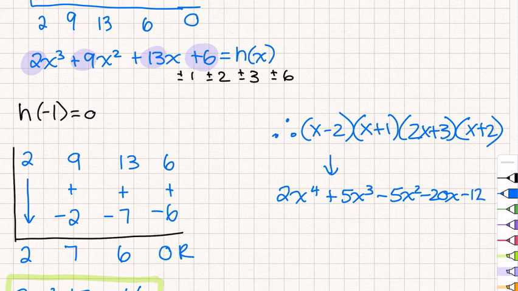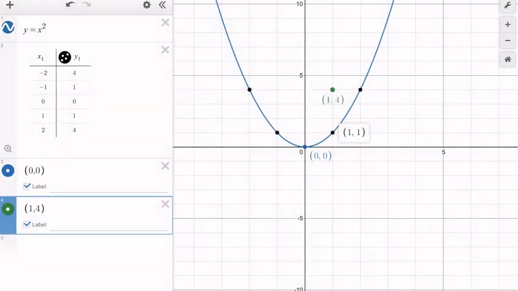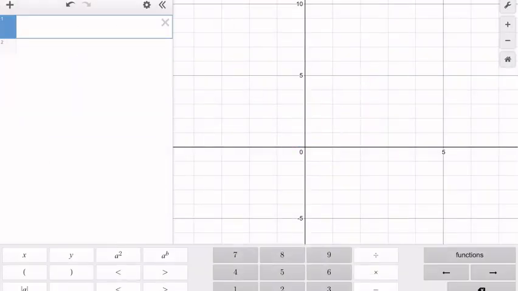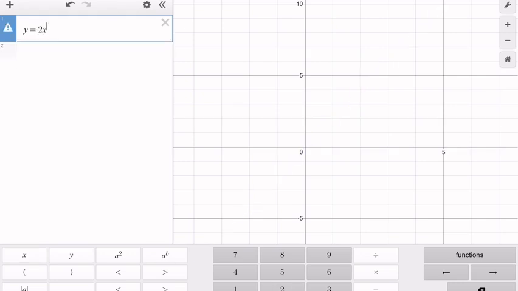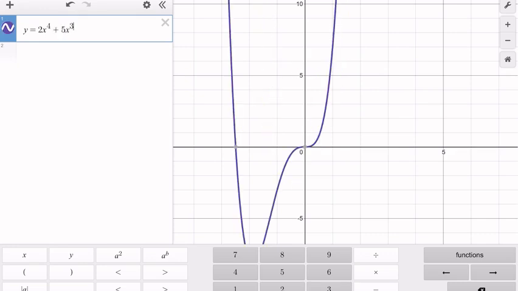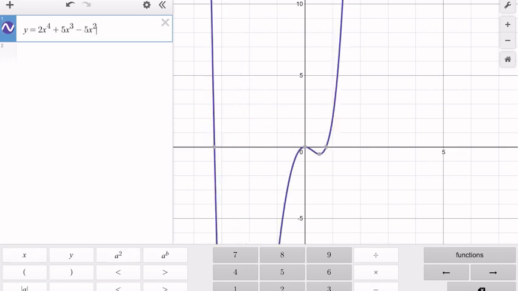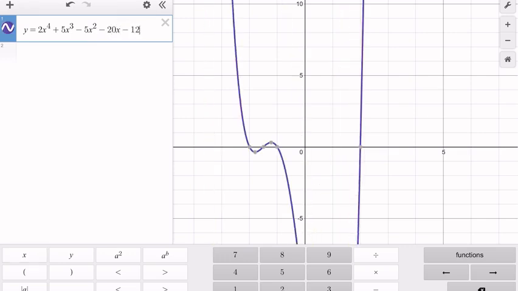Okay, so let's take a look at this in Desmos. So our original equation, we have 2x to the power 4 plus 5x to the power of 3 minus 5x squared minus 20x minus 12.